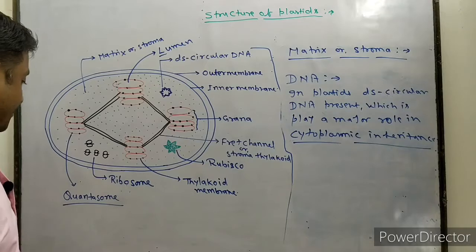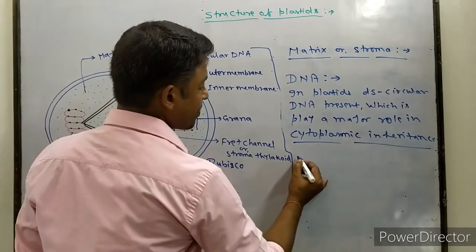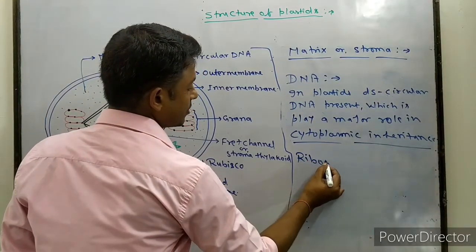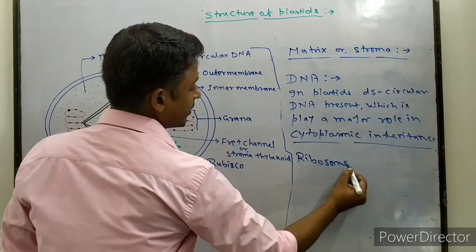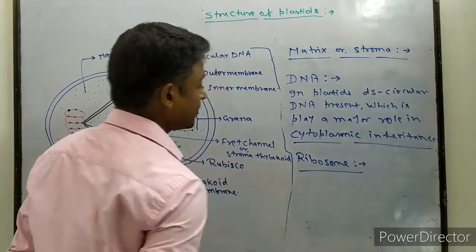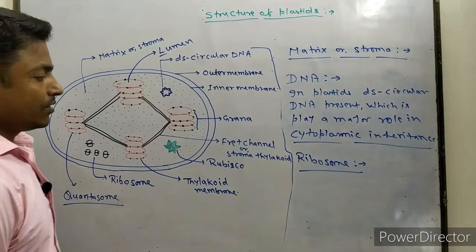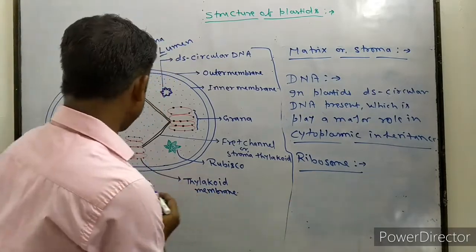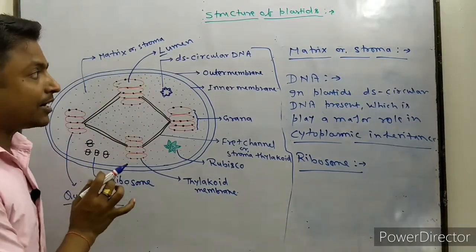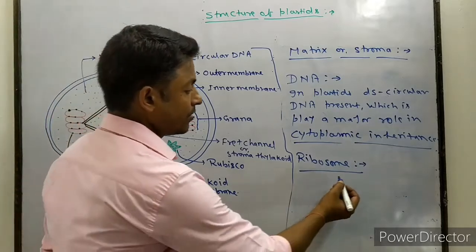DNA is clear. Next, ribosome. Ribosome is also present in the matrix or stroma.